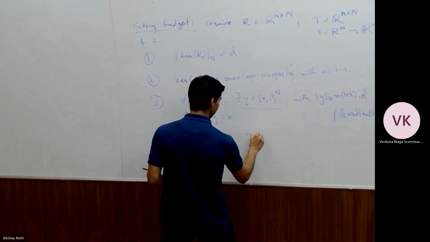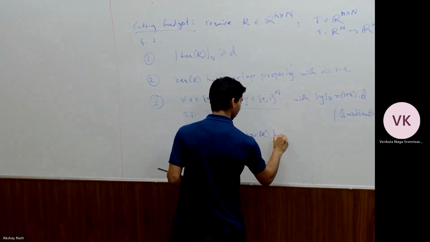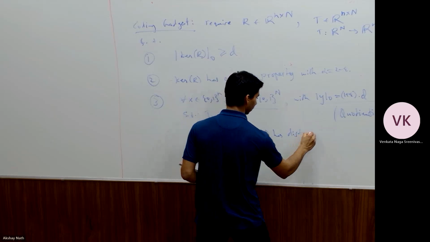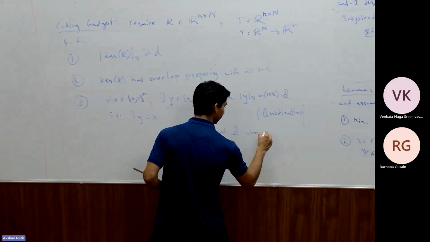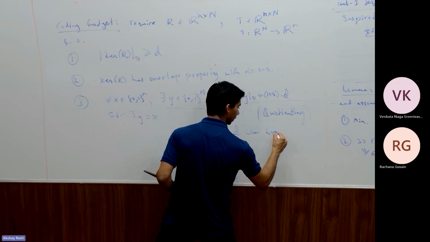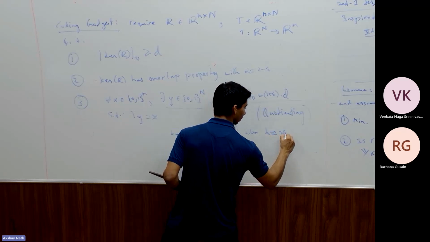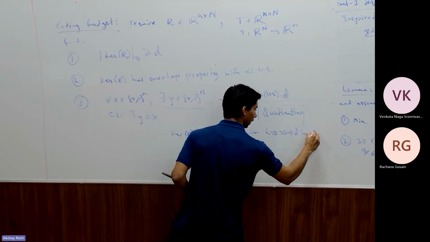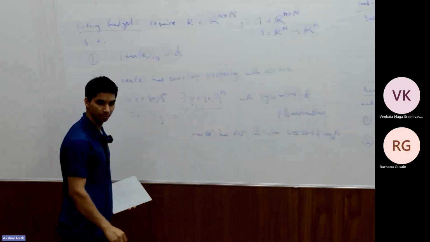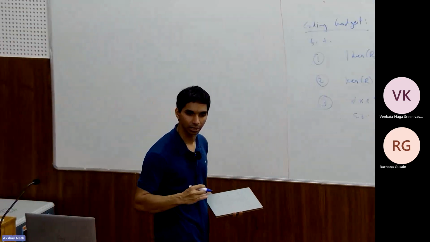Kernel of R has distance d when h is equal to roughly 2 times 1 minus epsilon times d times log capital N base little d. Okay, there's this sharp phase transition that happens.